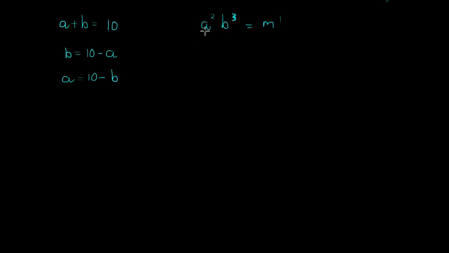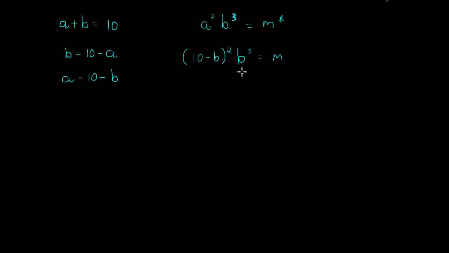Is it going to be easier to substitute in b is 10 minus a and then take the cube of that, or maybe to substitute a is equal to 10 minus b, so 10 minus b, and just take the square of that, times b cubed is equal to m. Not m derivative, that's what I want to find. Personally, I think that's much easier to find.